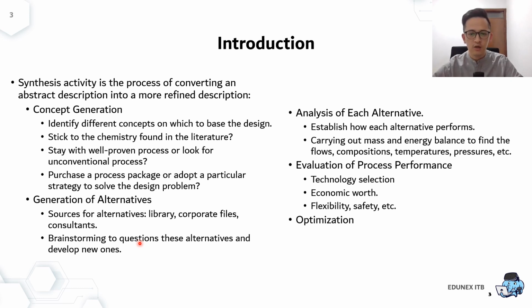That will help you for the next step, which will be to evaluate the process performance, where you have to select the best or the most appropriate technology for your process, what the economics will be, what the operational flexibility will be in terms of safety or HSE concerns, etc. And then last, the final part will be the optimization in order to get the final configuration for your process.